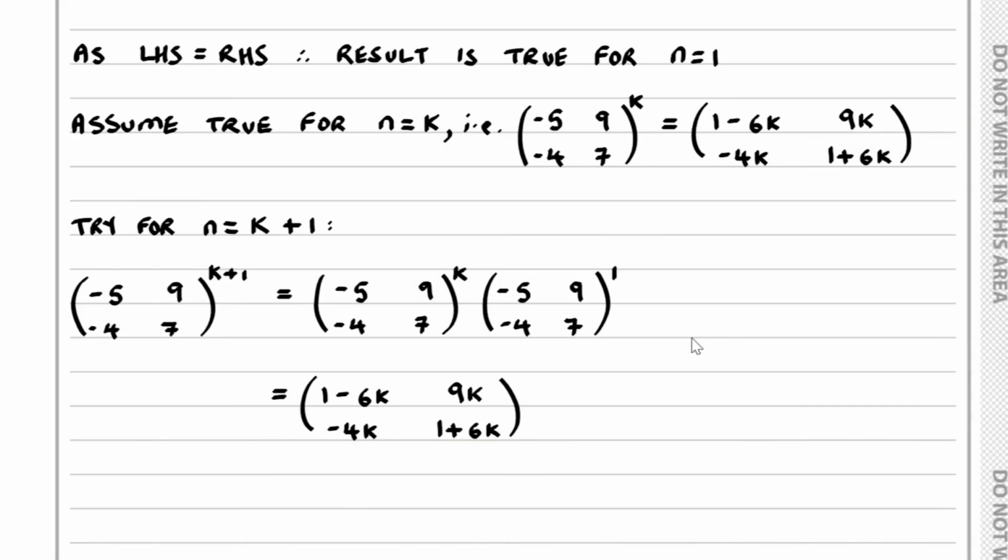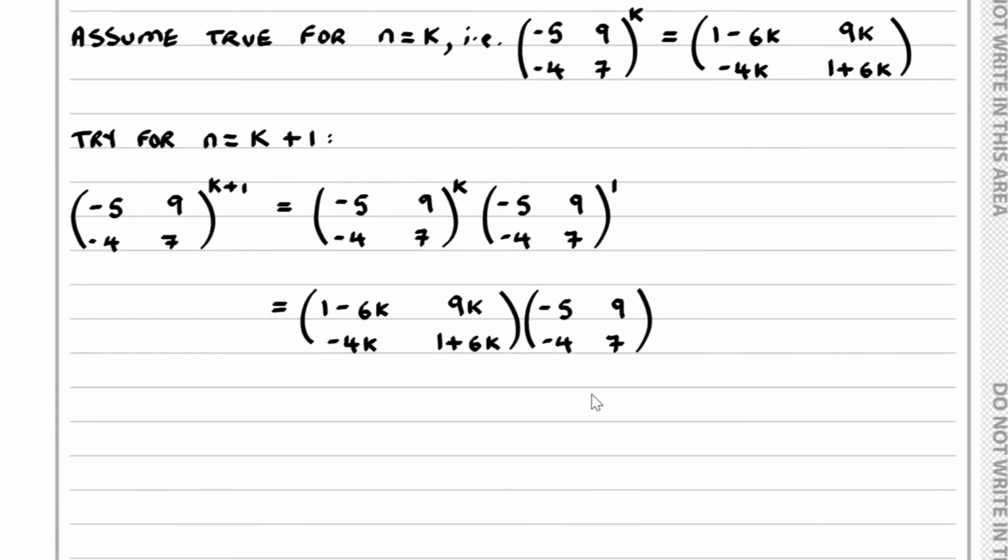And then we have this matrix being multiplied by the matrix here. And so if we use matrix multiplication, I've got minus 5 times by 1 minus 6k, and then I've got as well the 9k times by minus 4.